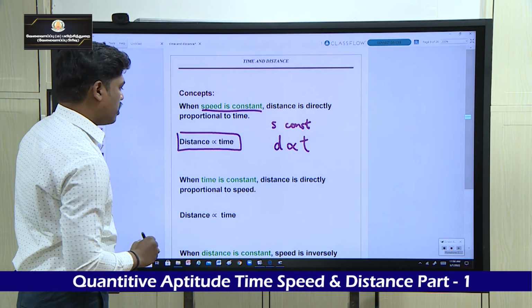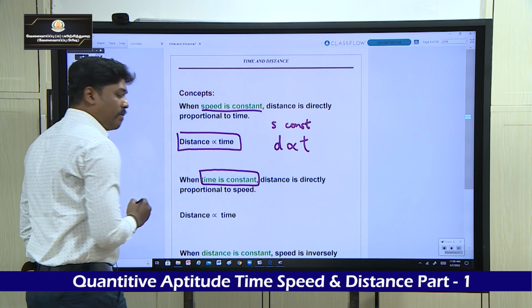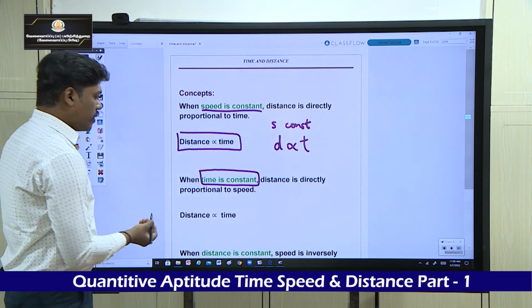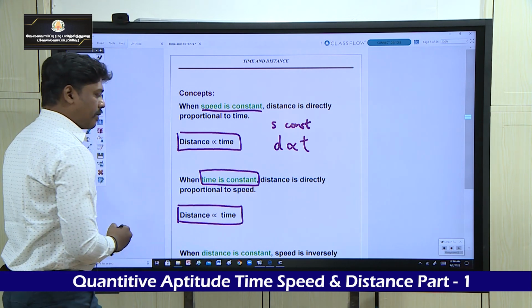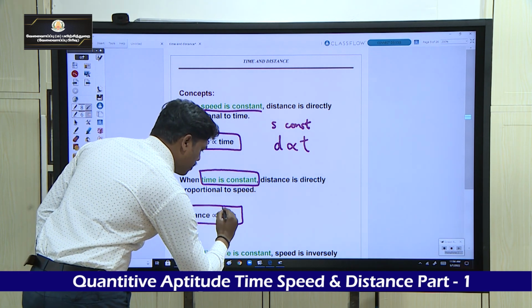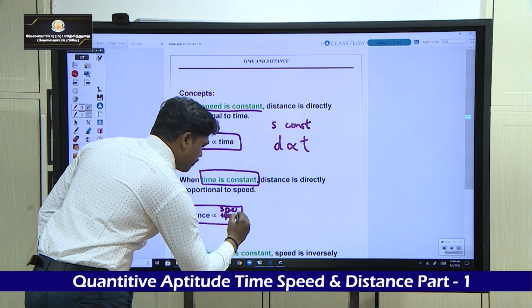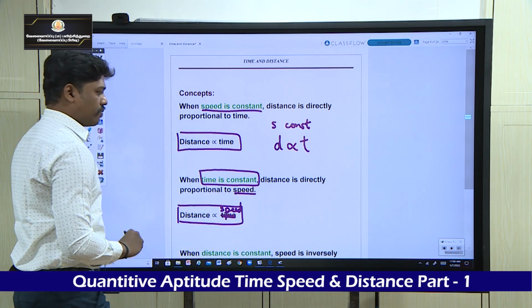Next, when time is constant, time is the same, distance is directly proportional to speed. Sorry, distance is directly proportional to speed here.